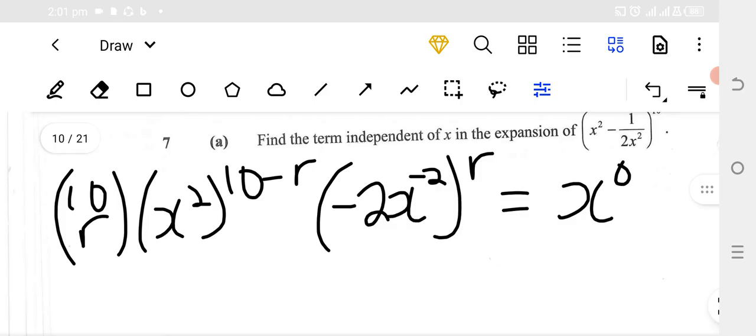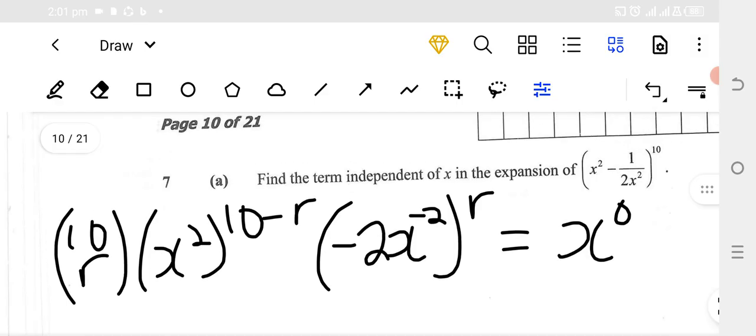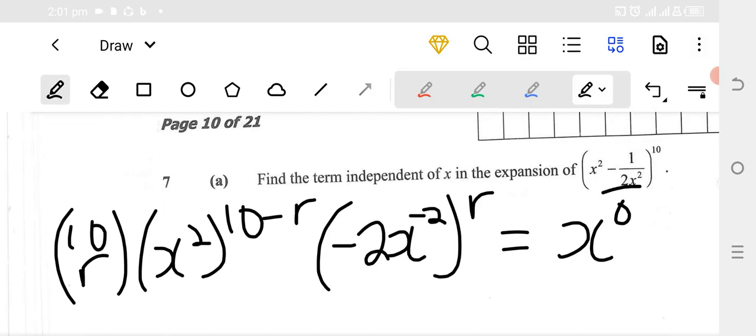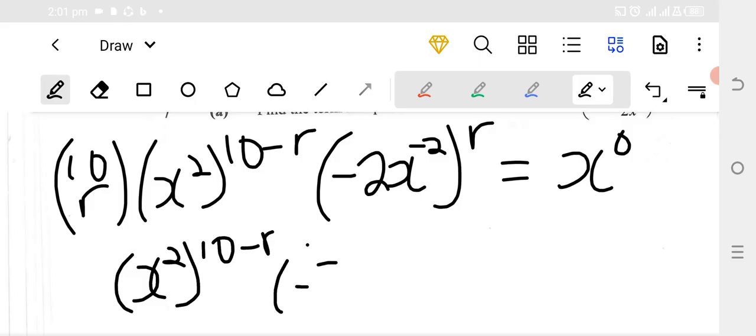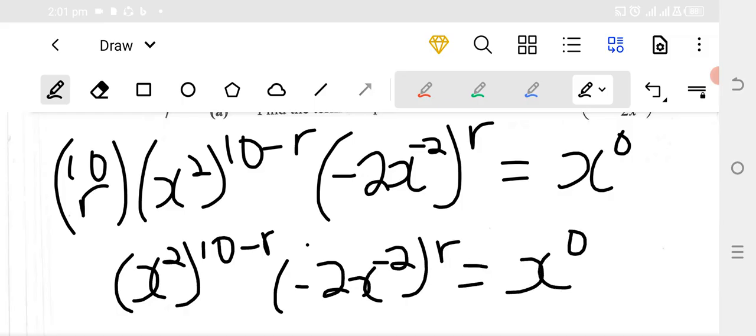Essentially I want the power to go up, I want something having x here to go up there. That is why I did that. So it will be x squared to the power 10 minus r, multiplied by x to the power negative 2, to the power r, equal to x to the power 0.